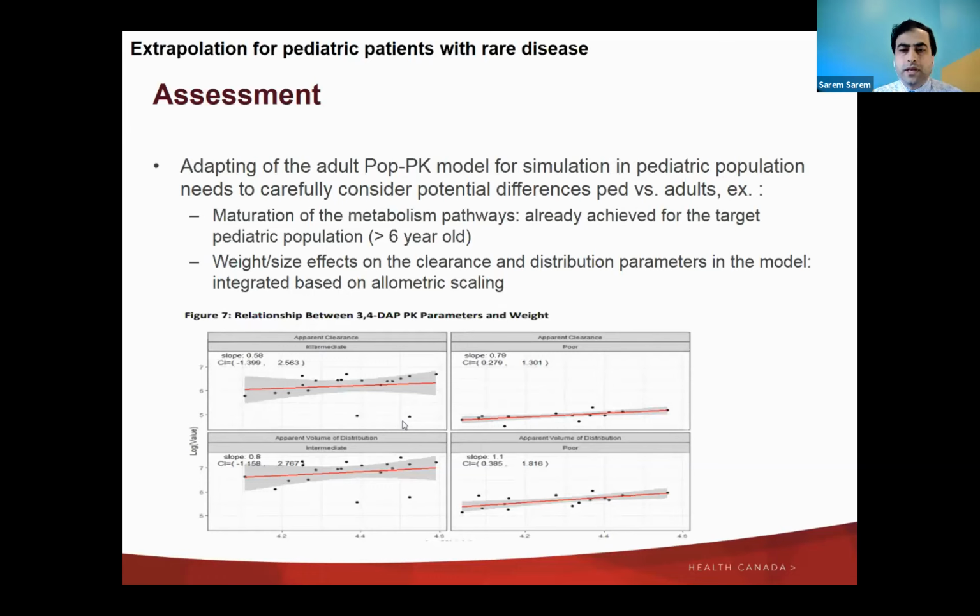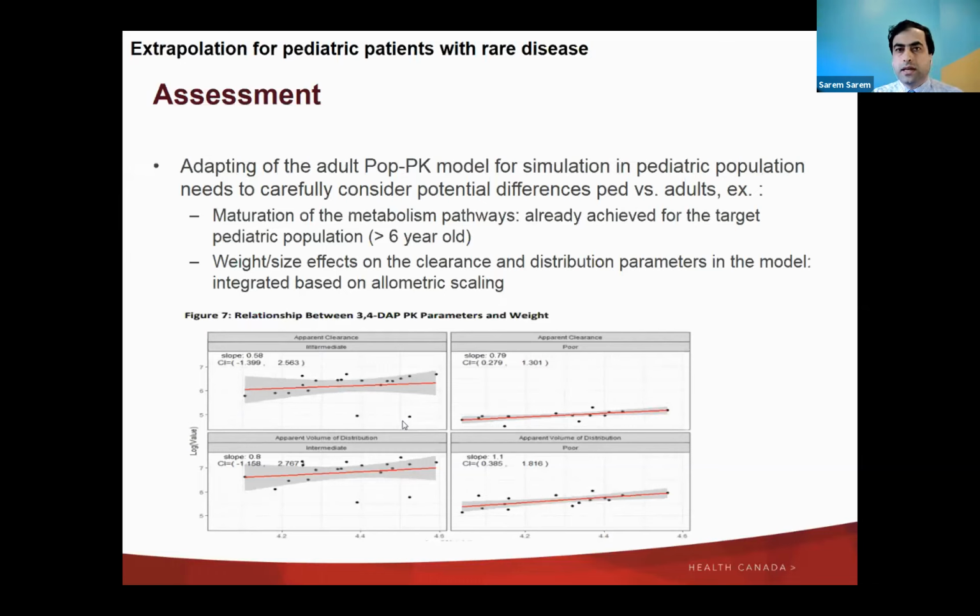So the main area where the model can be improved or adapted is the development of the metabolism pathway. But fortunately for this drug, the maturation was expected by the age of 6, and the approval was requested for patients older than 6 years old.